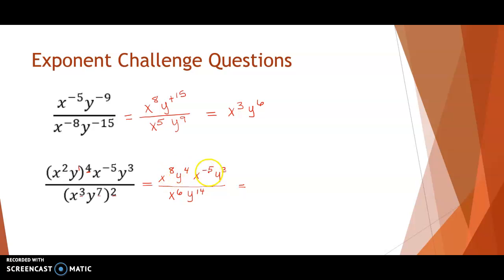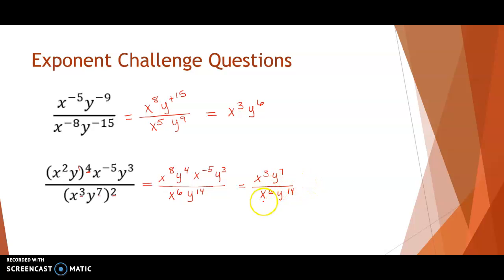So I have 8 plus a negative 5, which gives me x to the 3rd. I have y to the 4th and y to the 3rd, so together that would give me y to the 7th power, because again, adding the exponents. And so in the denominator, I have x to the 6th, and I have y to the 14th.